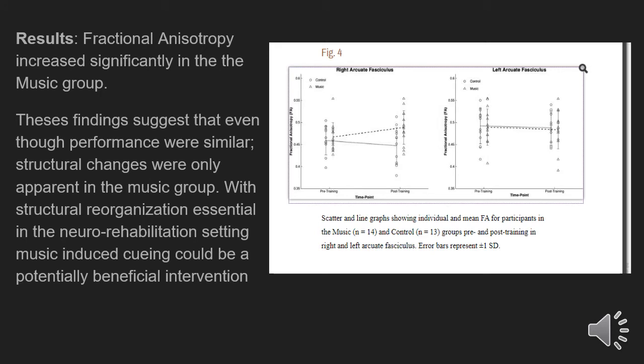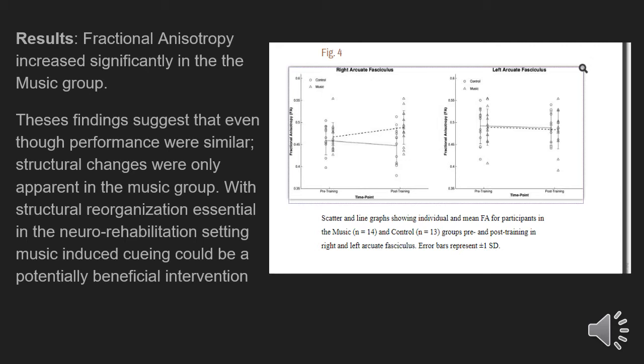However, when they actually did look at the MRI, they noticed that on the right arcuate fasciculus, there was a significant growth in the fractional anisotropy. So it increased, indicating that there were more structural changes occurring on the right arcuate fasciculus.